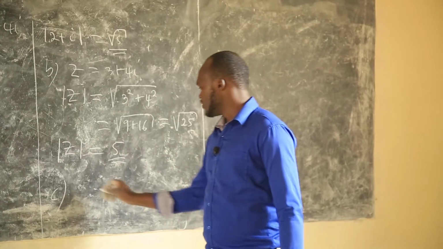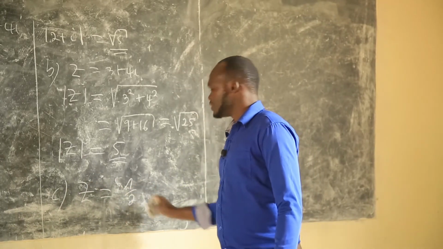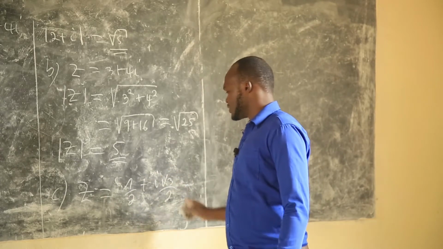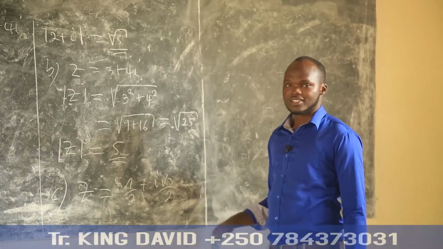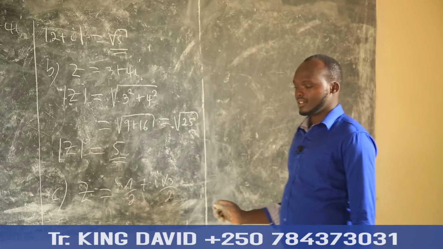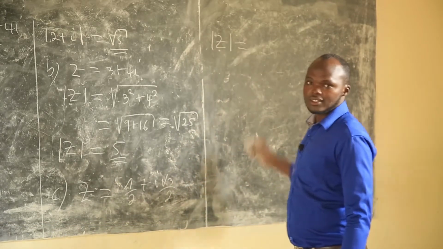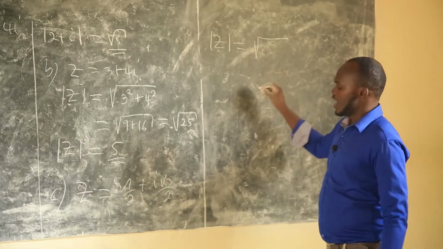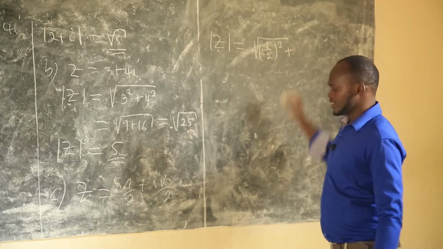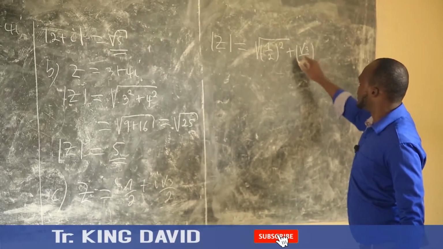C, we have z equal to a half plus i root 3 over 2. So what will be the modulus of this z? The modulus of z is square root of a half squared plus root 3 over 2 squared.